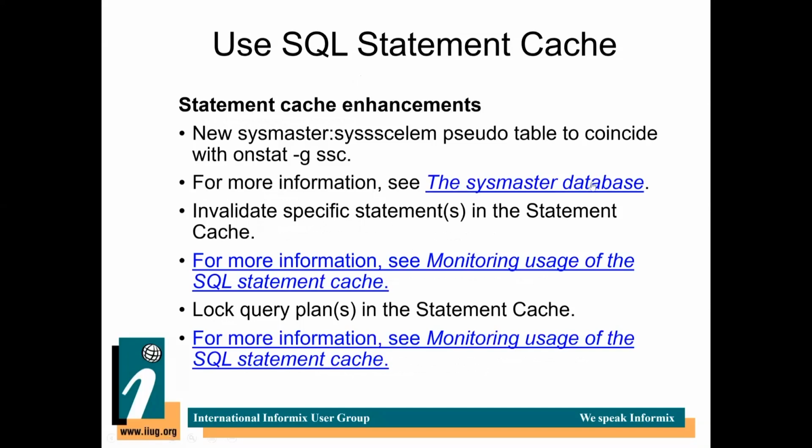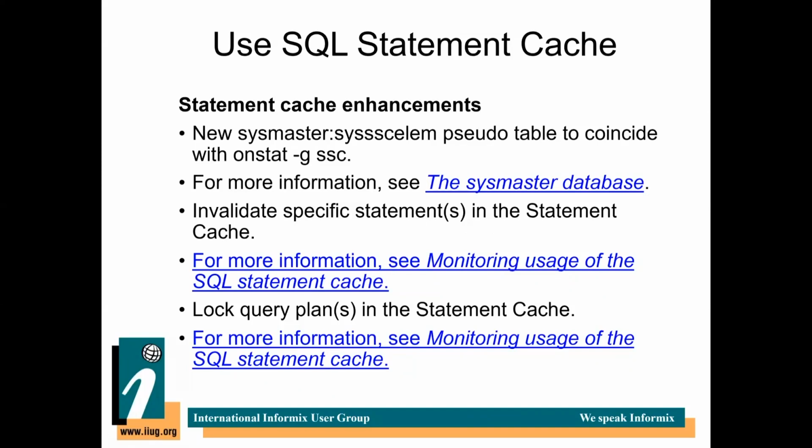With Informix 14.10, there are some new statement cache enhancements. They have some new sysmaster tables that coincide with onstat -g ssc, and the links here have more information. With 14.12, you can now invalidate specific statements in the statement cache.